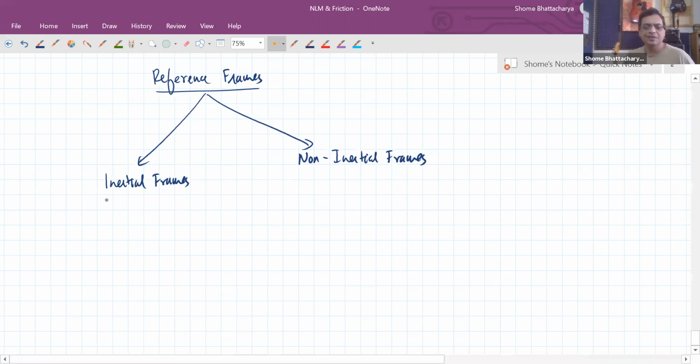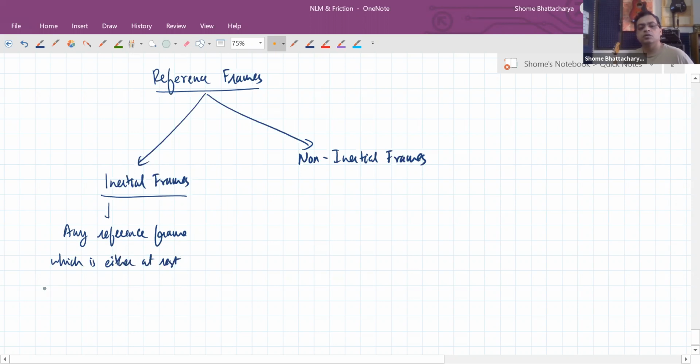So our working definition of inertial frame therefore becomes that it is any reference frame which is either at rest or in uniform motion, that is unaccelerated motion, with respect to the ground frame, that is the reference frame attached to the surface of the earth.